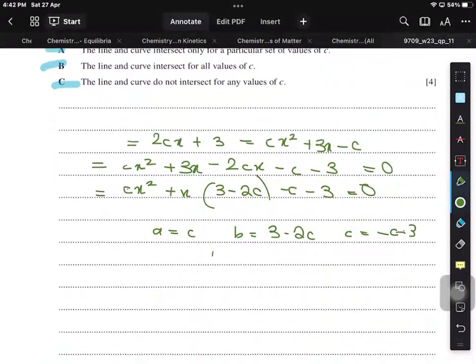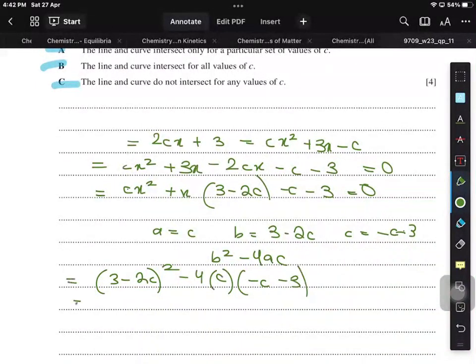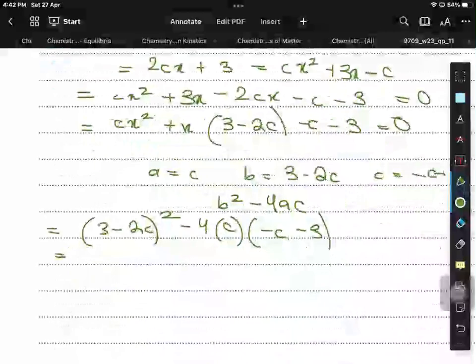So b square minus 4ac. Let's see what this gets us to. So b square would be this squared minus 4, a is c, and then c here is minus c minus 3, right?